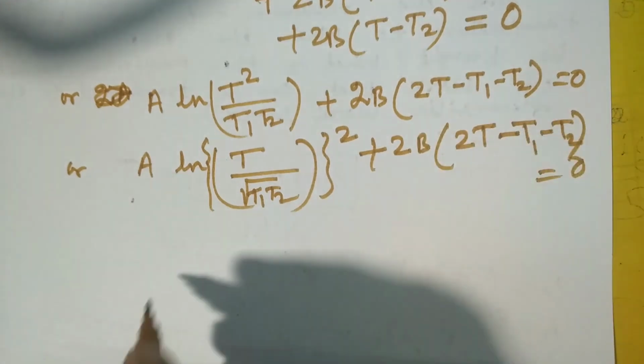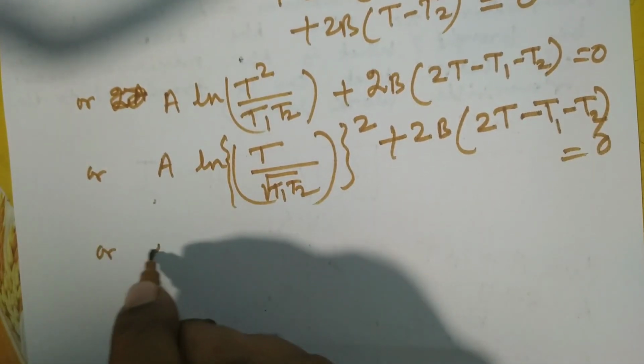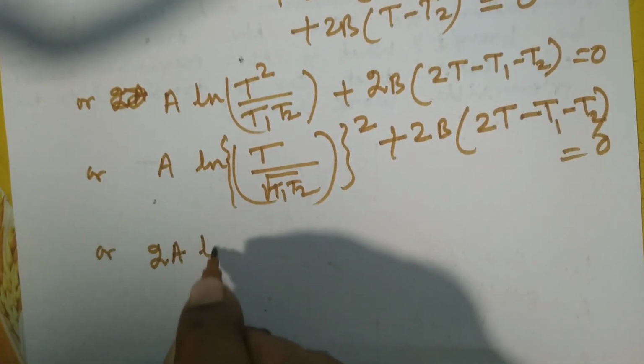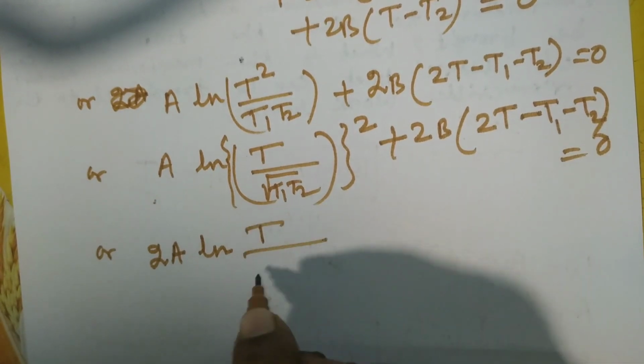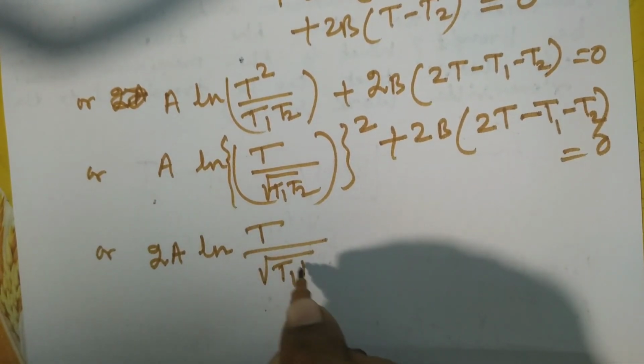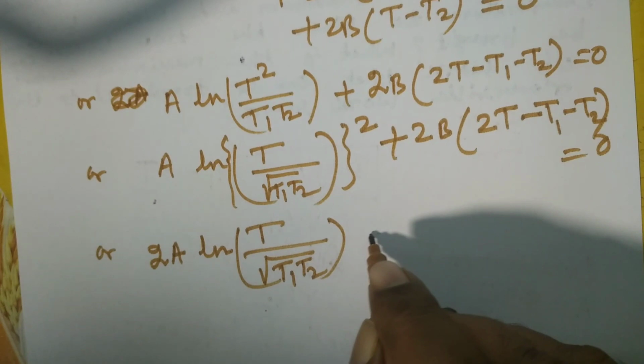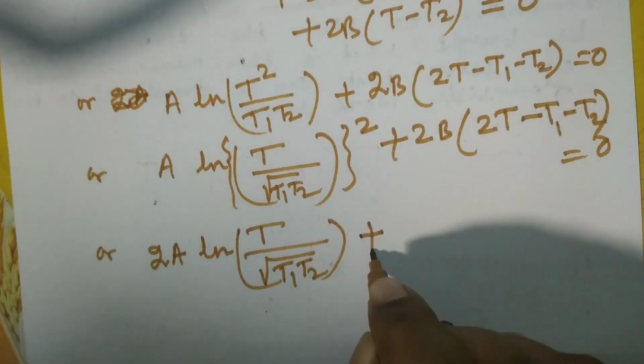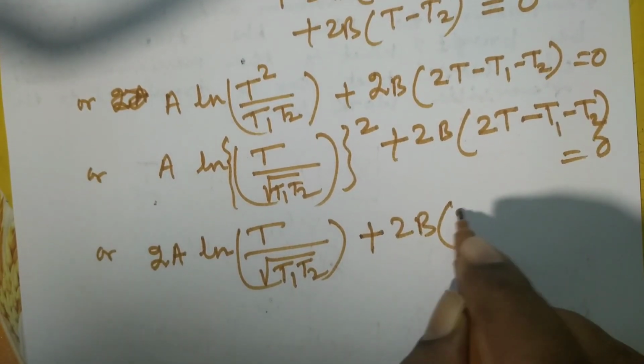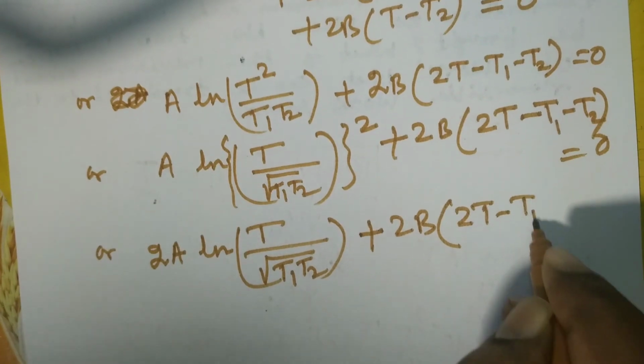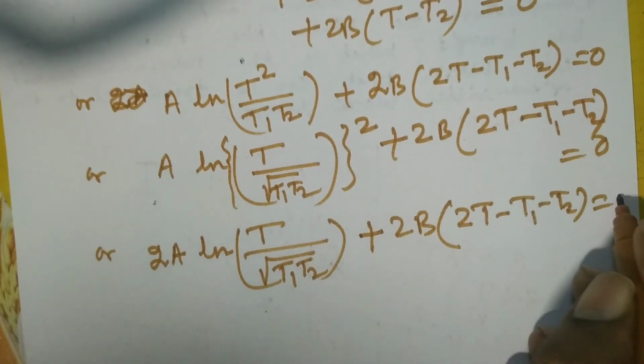Ln x squared is equal to 2 ln x, so 2A ln T upon square root of T1 T2 plus 2B times (2T minus T1 minus T2) equal to 0.